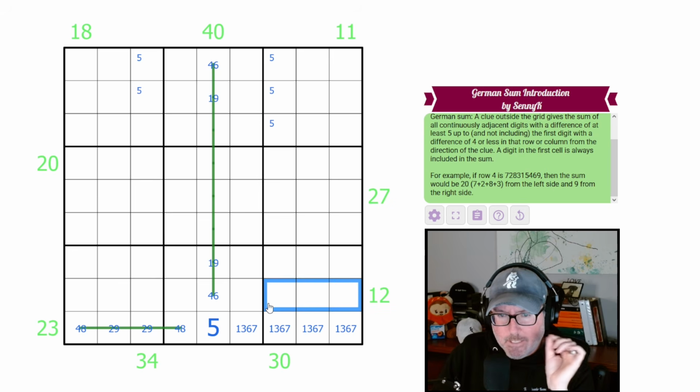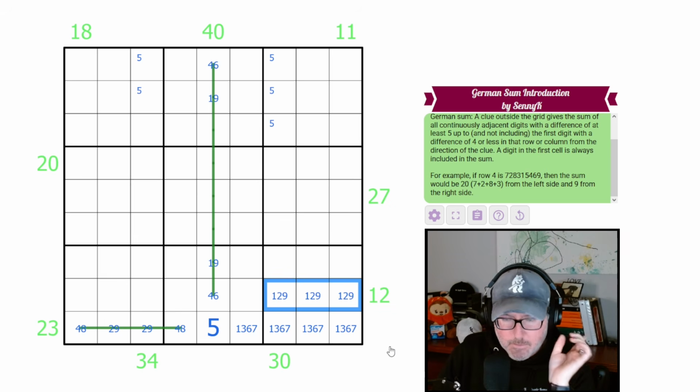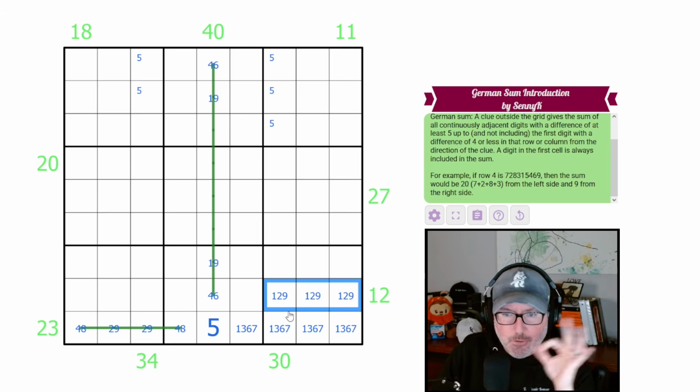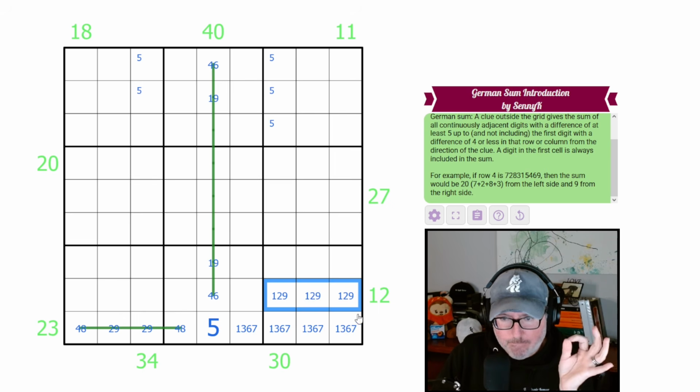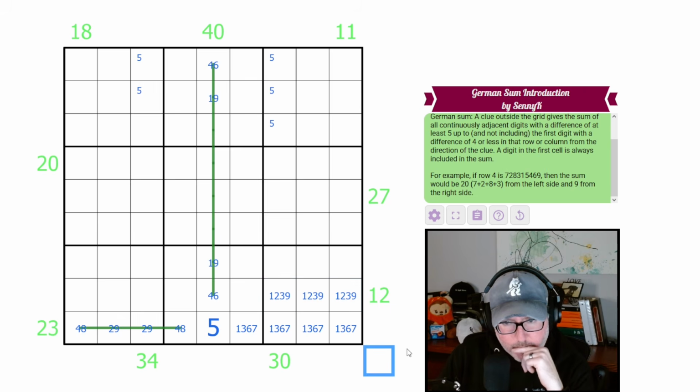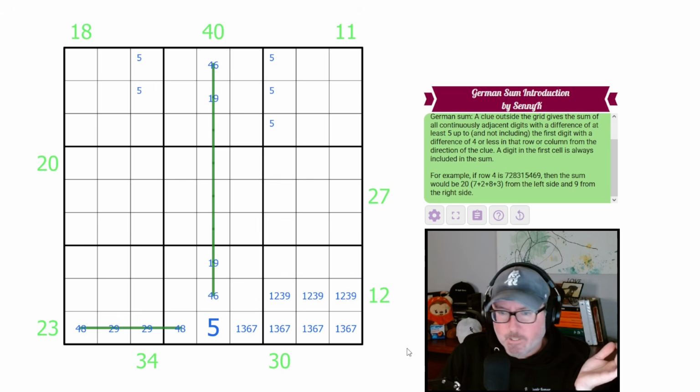So if it's 3 digits, and 2 of those are low, it has to be a 1-2-9, right? I'm going to put that in for a second. This is not the given. And if it's just 2 digits, it is a 3-9. I think those are the only options.